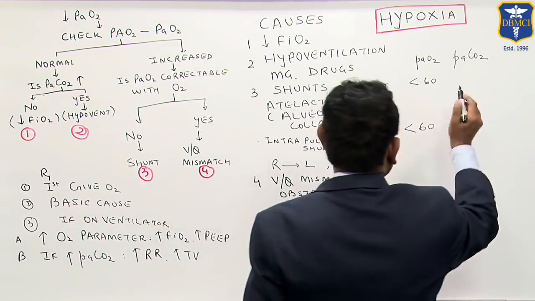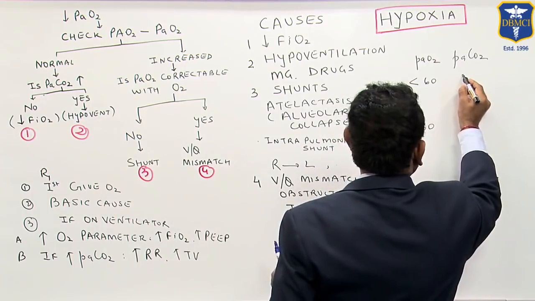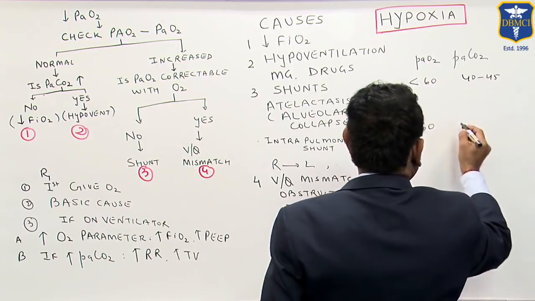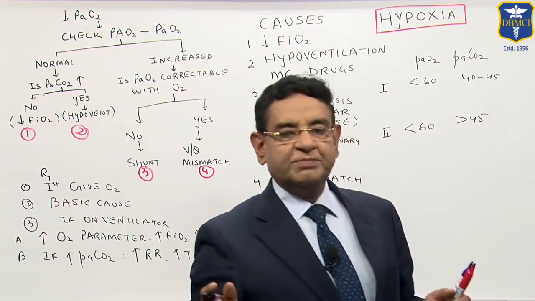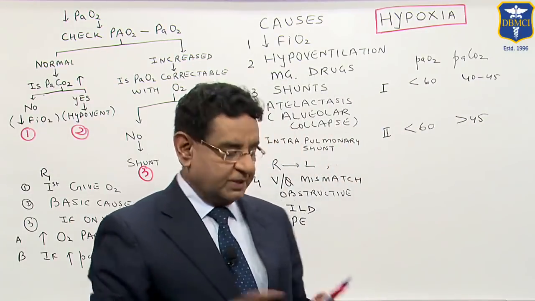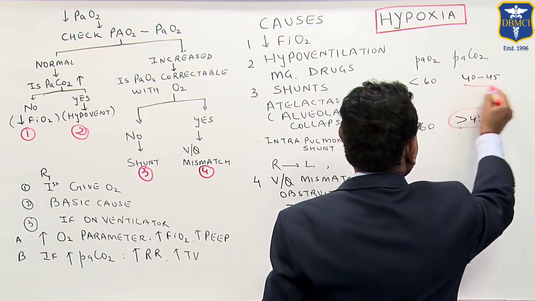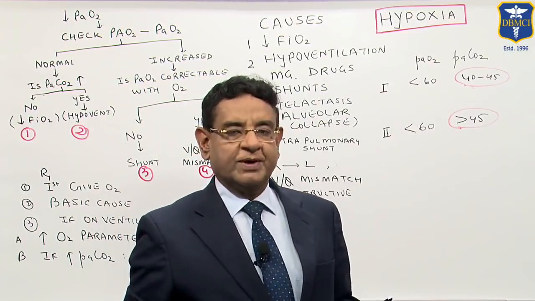But regarding PaCO2, in type 1 it is normal, that is, it is in the range of 40 to 45, but in type 2 it is more than 45. So the difference between type 1 and type 2 is hypercapnia occurs in type 2 and CO2 level is normal in type 1.